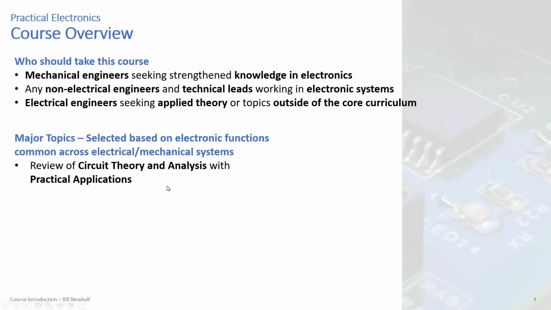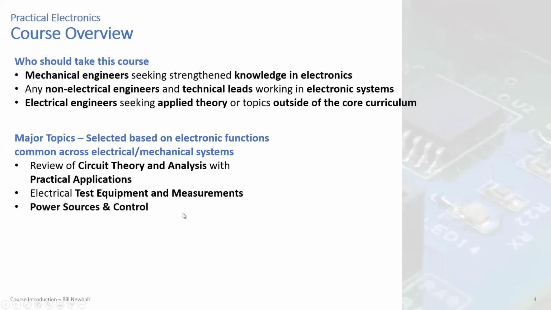But instead of just talking about Ohm's law, KCL, KVL, I'm going to show you some practical applications where you can be helped or you can avoid getting into trouble by applying these basic circuit theory concepts. We're going to talk about electrical test equipment and measurement of circuits. This will get you set up for doing more advanced measurements in lab with the lab equipment that we have. We're going to talk about power sources and controlling power sources.